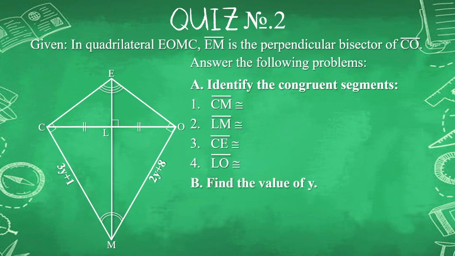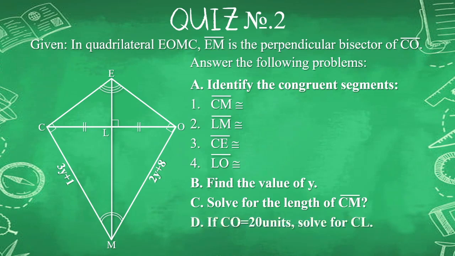Letter B. Find the value of y. Letter C. Solve for the length of segment CM. And letter D. If CO is equal to 20 units, solve for CL.